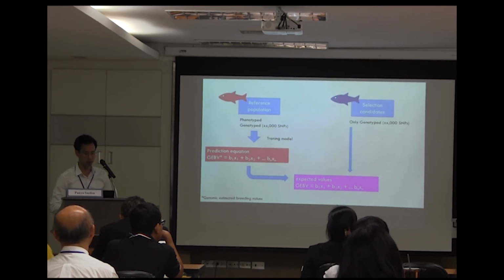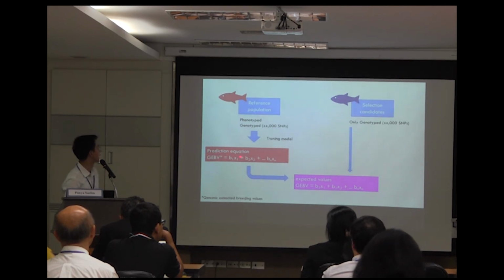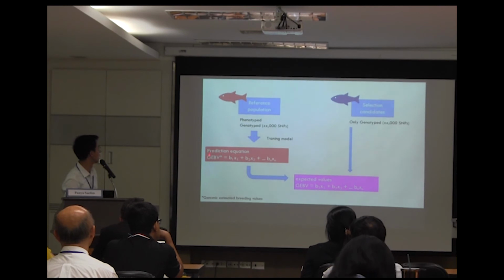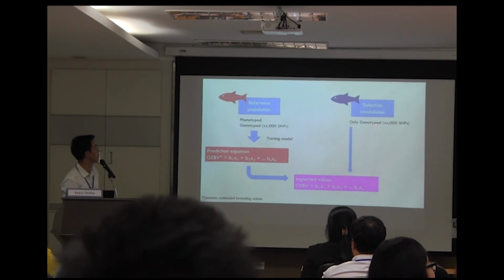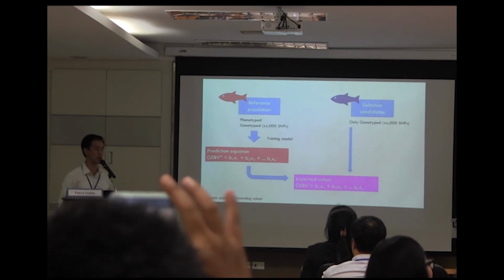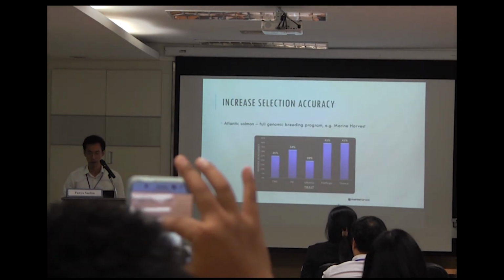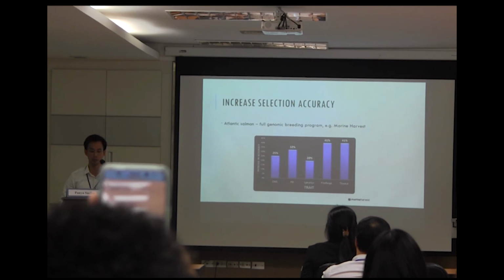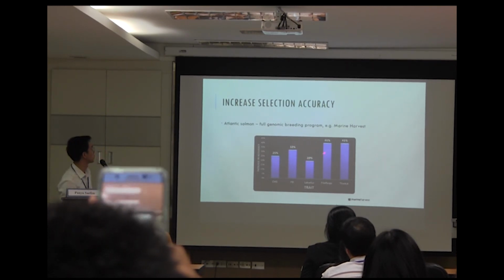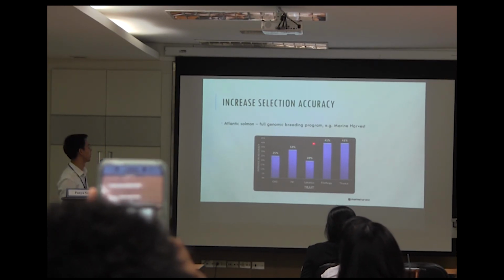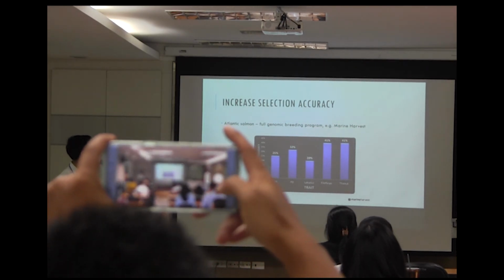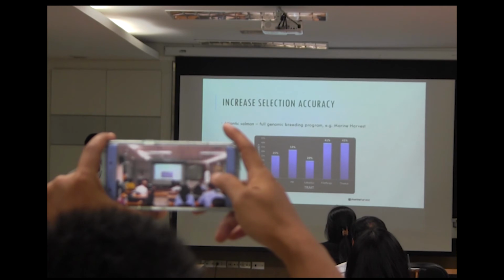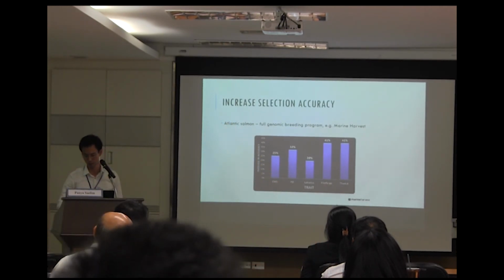If you have the genomic information, you can use it to construct the prediction equation to estimate genomic breeding values and predict the selection candidates without phenotyping. In this way, you increase accuracy. The accuracy can be increased by 20% to 41%, for example, in Atlantic salmon. In Marine Harvest, they now go to a full genomic breeding program, which means that they no longer use pedigree information.